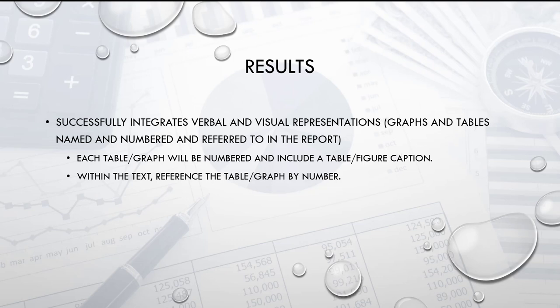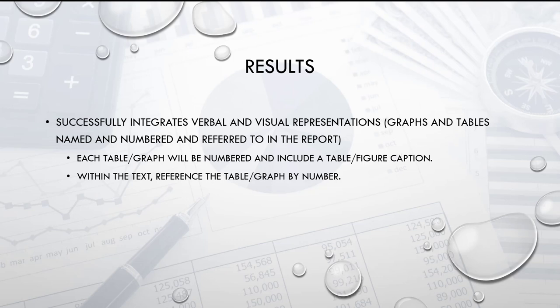And then finally, don't forget to label your graph. So that would be graph 1 or figure 1, and then refer to that in your written findings. If you want, you can type up the raw data, the chart.